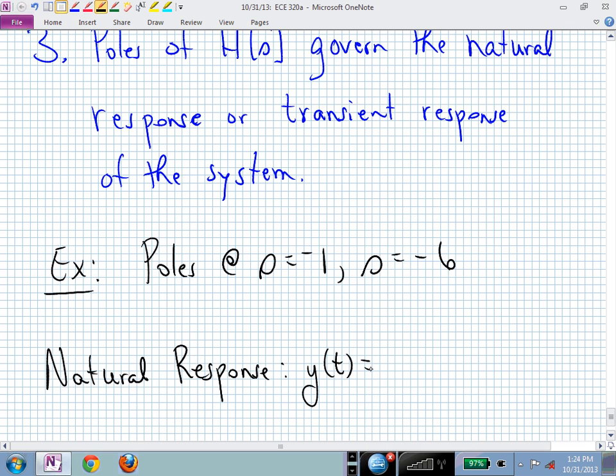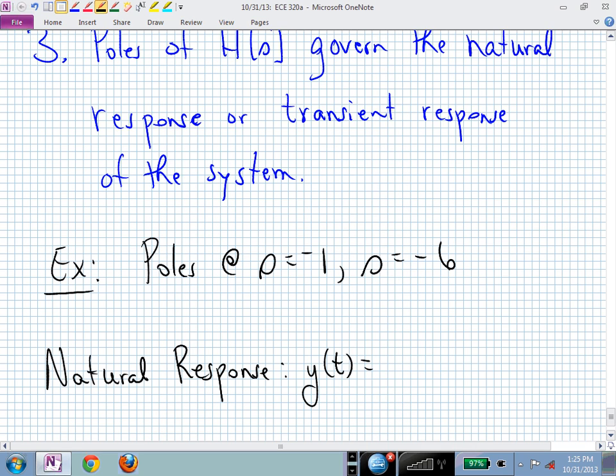So now, can you envision what you have as far as a transfer function? If you have a pole at -1 and a pole at -6, first, what's the order of that system? Second order, it has two poles. The number of poles is the order of your system.